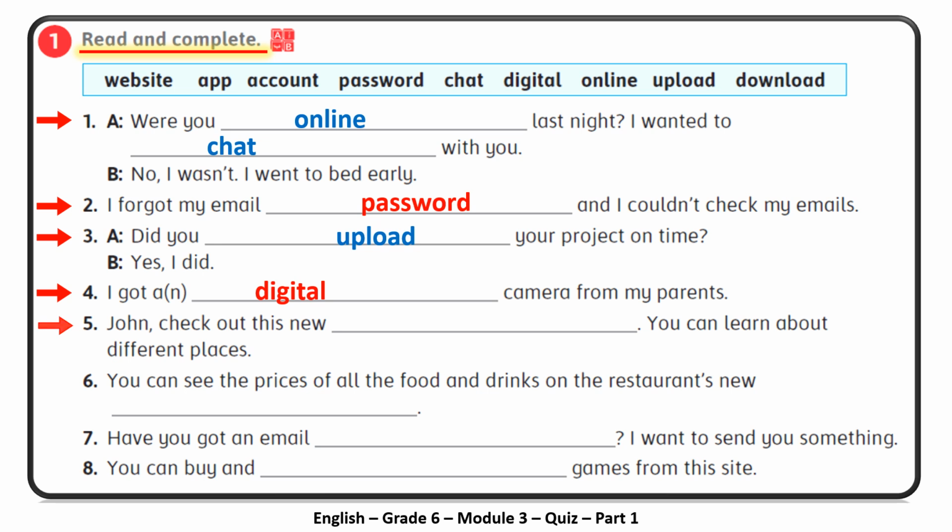Number 5. John, check out this new app. You can learn about different places. Number 6. You can see the prices of all the food and drinks on the restaurant's new website. That's it. Number 7. Have you got an email account? I want to send you something. The last sentence is, you can buy and download games from this site. Good job for all of you.